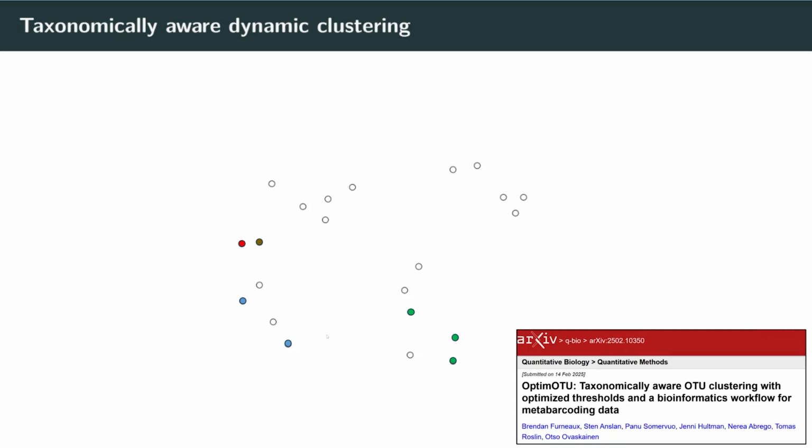Here there are some that get a name, whatever, Aphodius fossor or just blue. Here there's a red one and a brown one and some green ones.